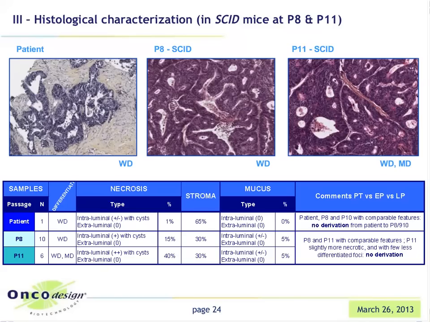I won't go into the detail. It's just to highlight that it's very well conserved. The well differentiation profile of this tumor is conserved over time. In mice, we can usually observe a decrease in the percent of stroma, but it remains quite high. In rats, the amount of stroma is closer than in humans.